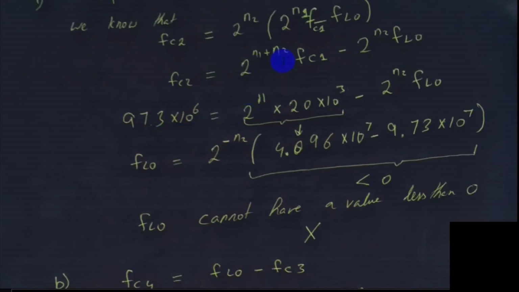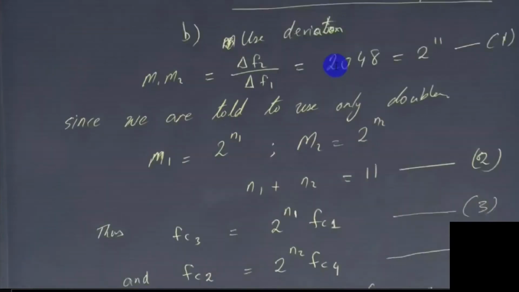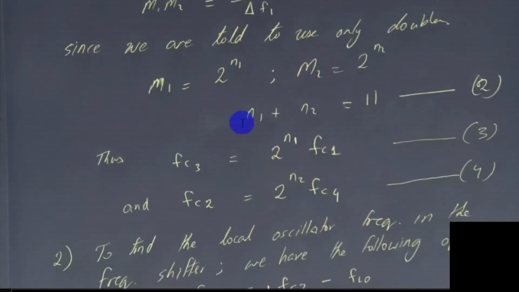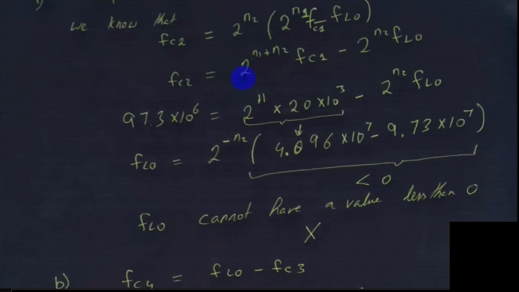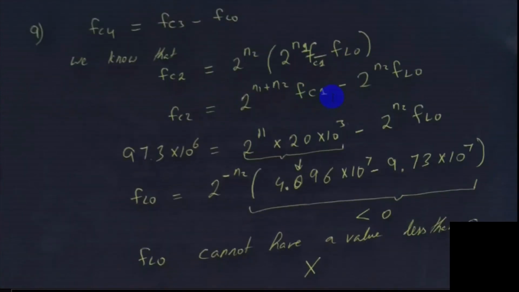We know n1 plus n2 is 11, done previously in the second expression, so this is 2 raised to power 11. Also, we know the carrier frequency at the output of narrowband FM, which is 20 kilohertz. We don't know N2. We need to find N2, so that would retain its shape. We don't have a numerical value for it, and we are unsure of what the local oscillator is. So all of the rest is available.